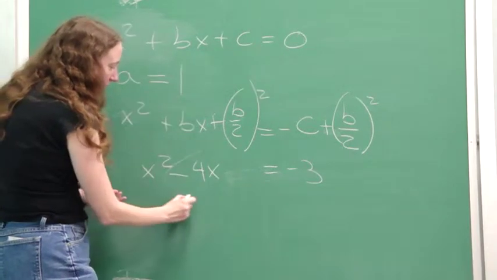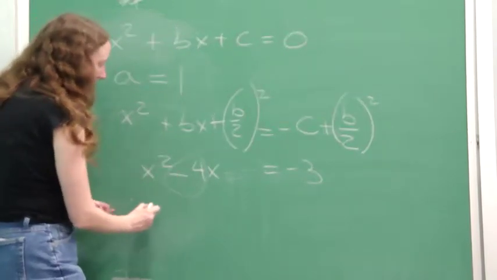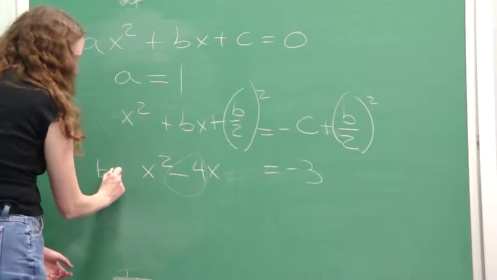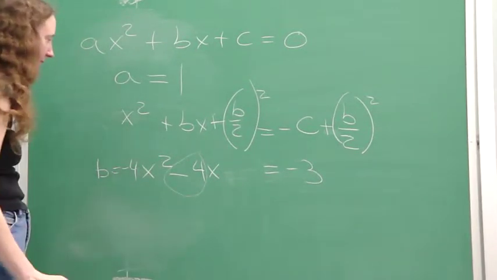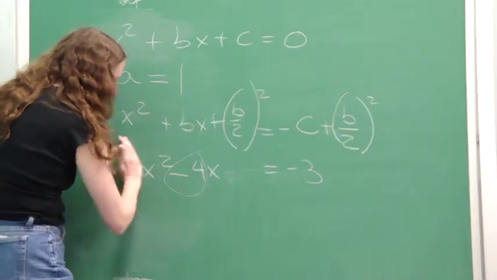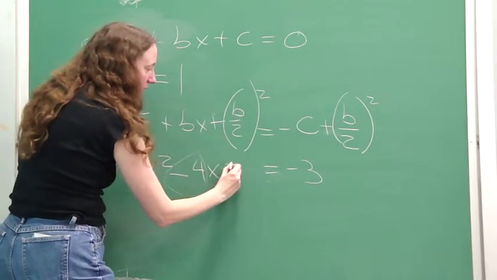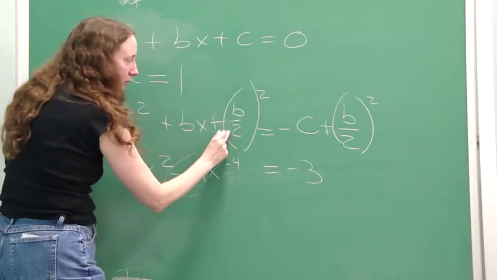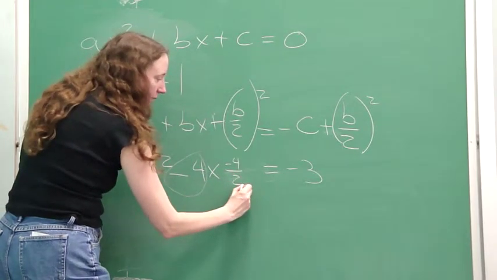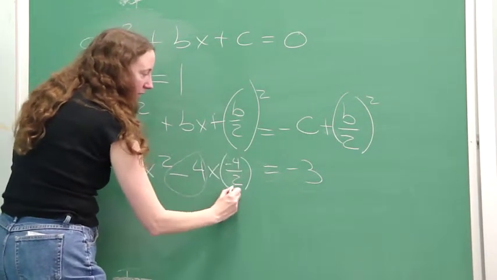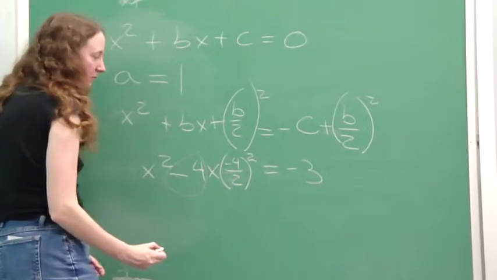Well, the b term is negative 4. So now I put in b, negative 4, over 2, and I square that whole thing.